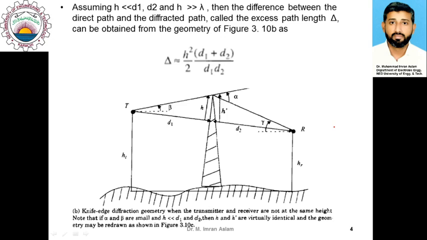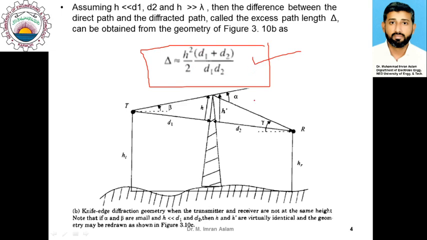In fact, while doing the two-ray reflection model, we tried to calculate a difference as well. So a similar procedure can be adopted here. If we simplify, we will see that the path difference between the direct line of sight path and the diffracted path would be approximated by this relationship: h squared by 2 times (d1 plus d2) upon d1 d2.